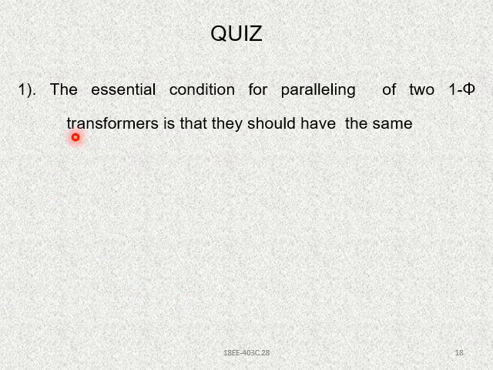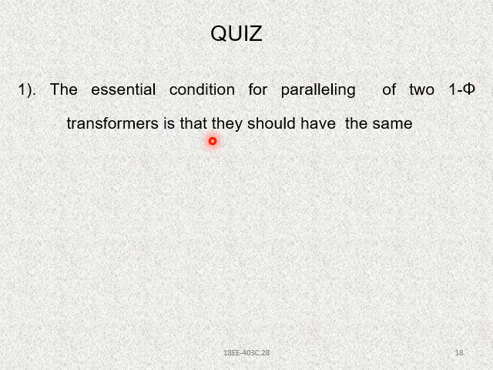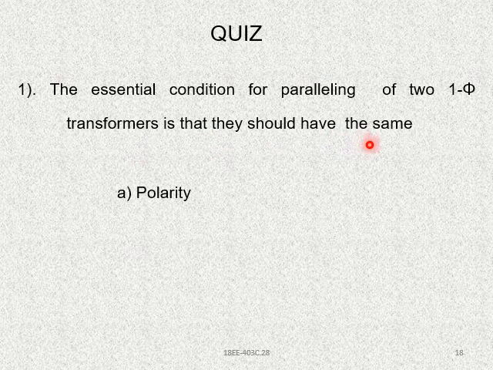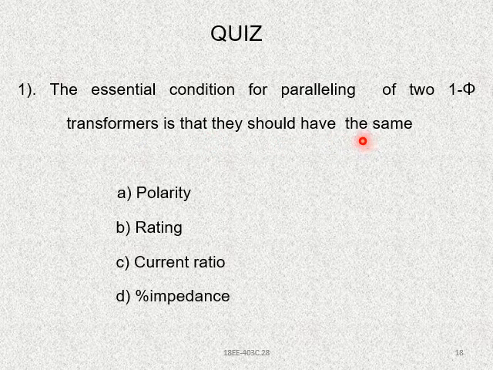Now, are you ready for a small quiz? Please do it. The essential condition for paralleling of two single-phase transformers is that they should have the same: polarity, rating, current ratio, or percentage impedance.